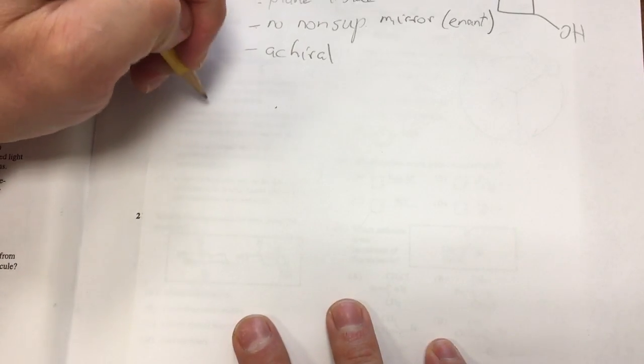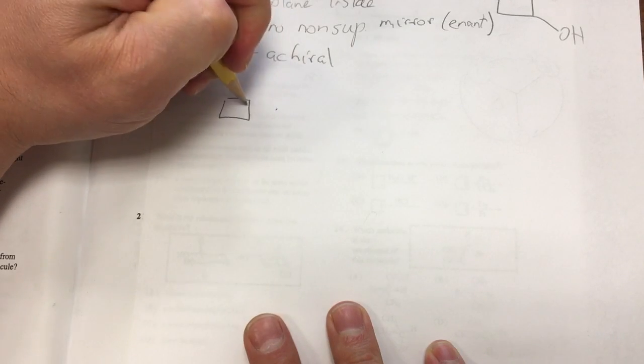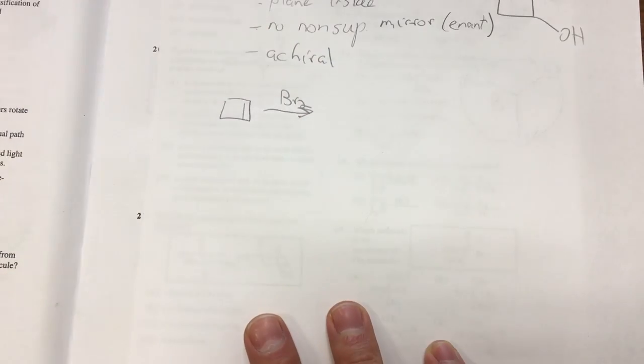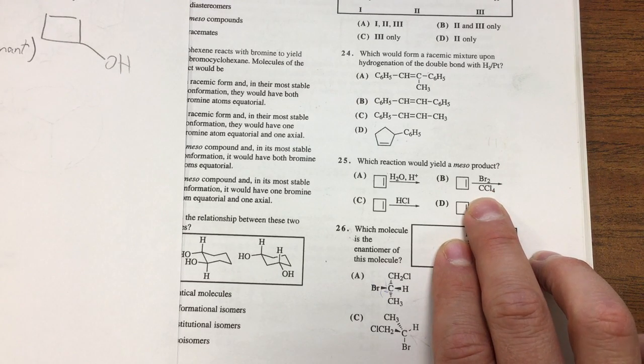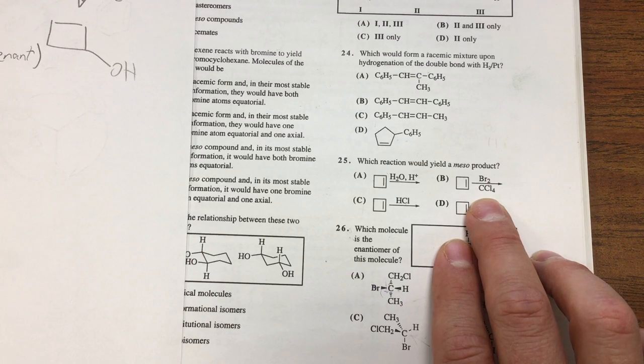Let's go on and review problem letter B. Here with this one we have bromine. Bromine is a tricky one. Bromine here has carbon tetrachloride in it. That's a solvent. That's just meant to make this a little bit scarier of a reaction.